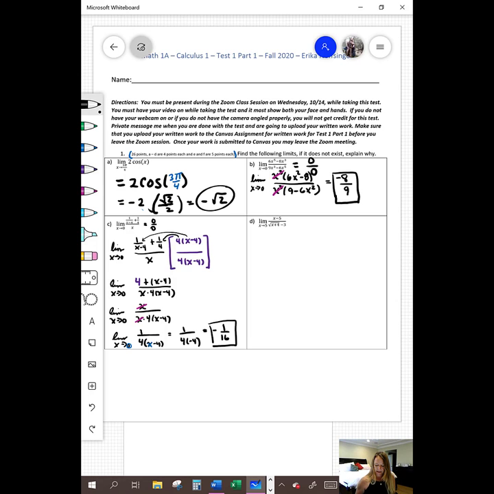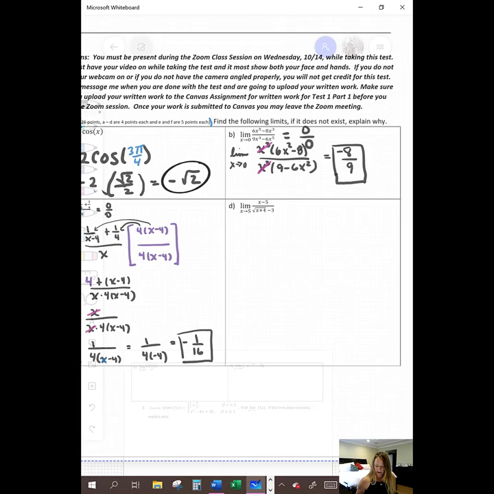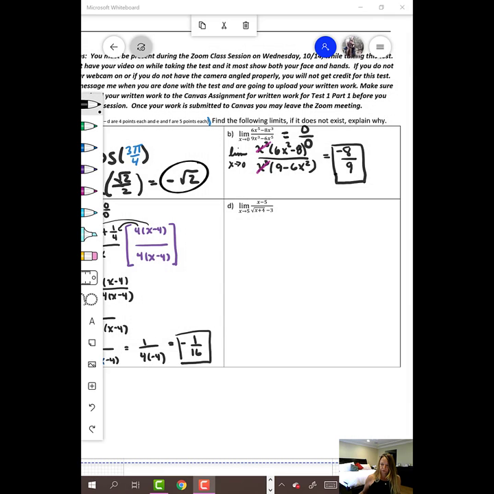So part D, we're looking at a limit again. This limit here, where we would plug in 5 wherever we see an x.